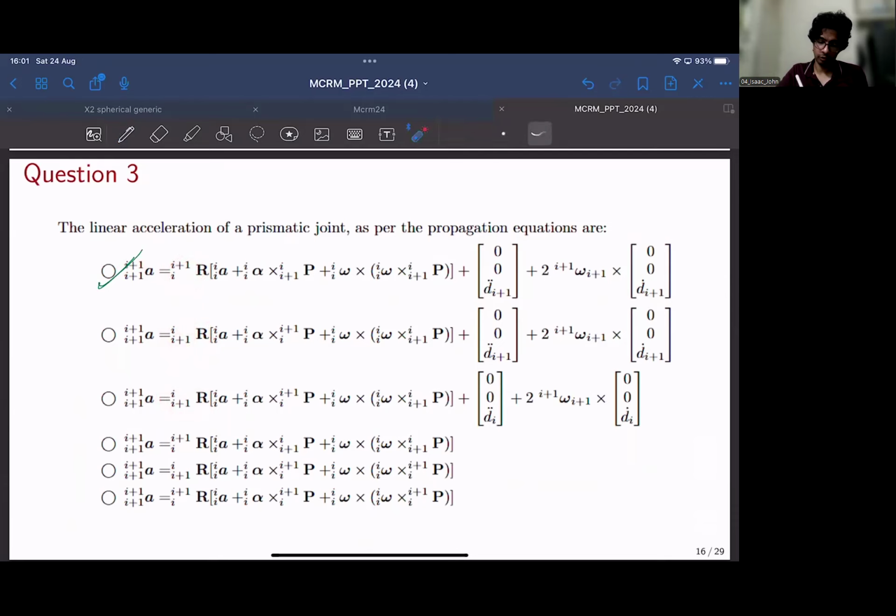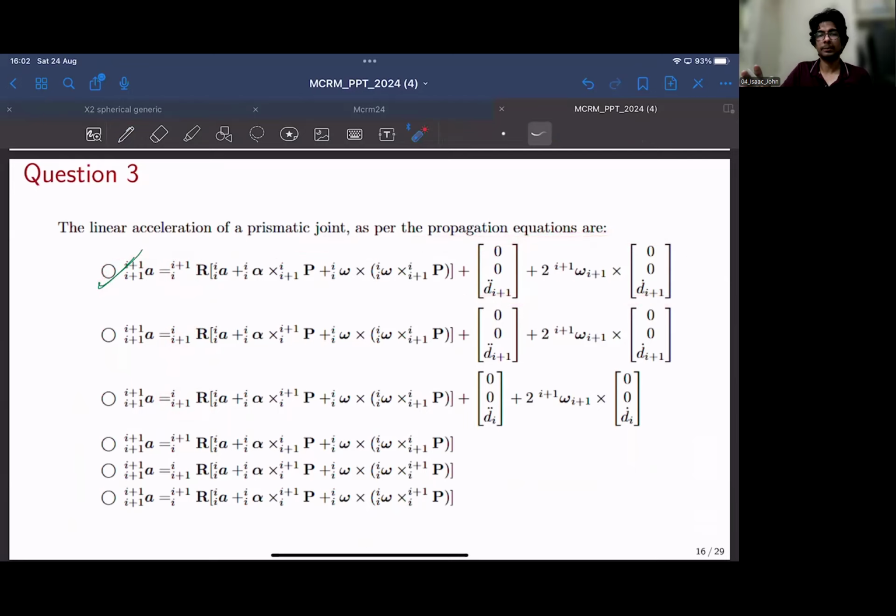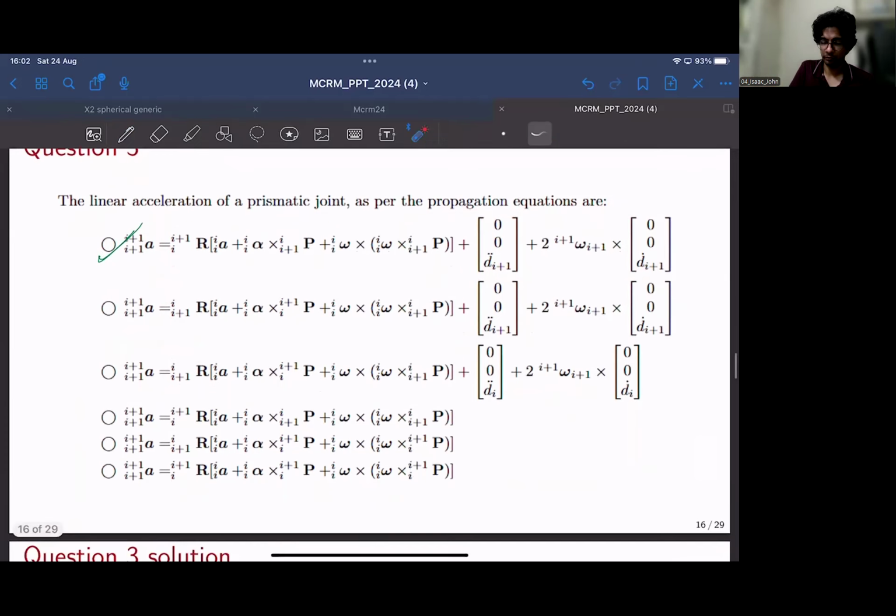But again, if you want to know how these equations are derived, you can refer to the textbook, because the preliminary part of this derivation we have covered in the previous week. I hope you can recall: if you have two frames of reference, one fixed and another rotating and translating with respect to frame A, and you have a vector Q attached to frame B, what is the variation of Q with respect to A, and of the derivative of Q with respect to A?